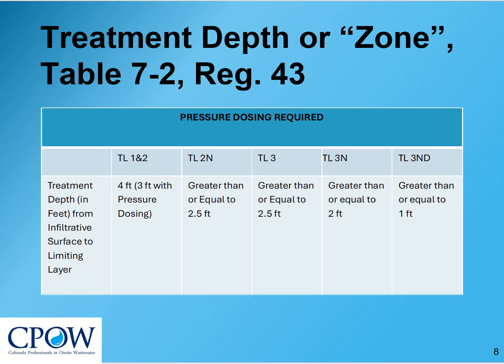We can see here for treatment level 1 and 2, that 4-foot separation is required unless we have pressure dosing, then the separation distance is 3 feet. Pressure dosing is required for treatment level TL2N to TL3ND, and we can see that as treatment level increases, the separation distance decreases.